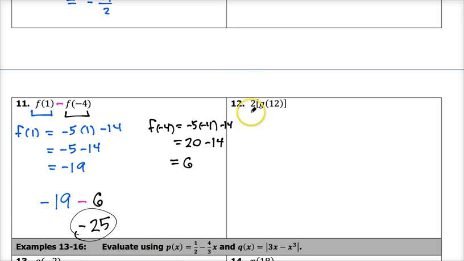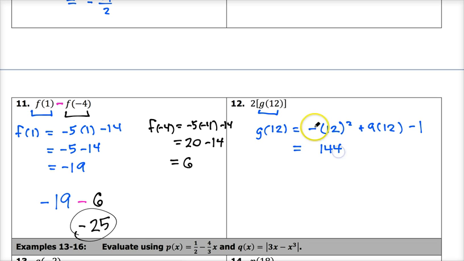Number 12, this is telling us to take 2 times g of 12. So we're going to start by finding what g of 12 is. So g of 12 is going to be negative 12 in parentheses squared plus 9 times 12 minus 1. 12 squared is 144.